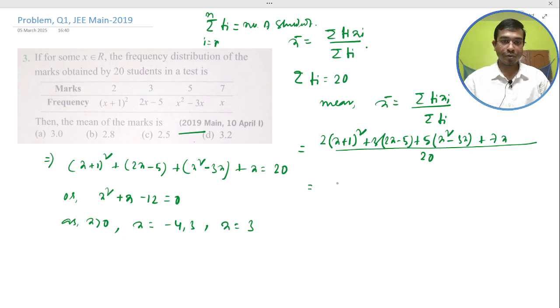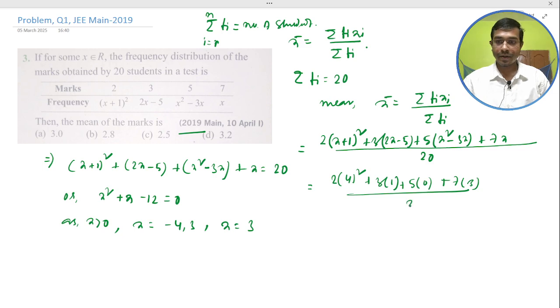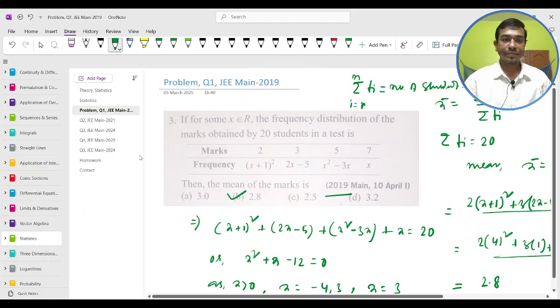Solve it. Put this value at x equal to 3. You would get 2 into 4 square, 3 into 1, 5 into 0, 7 into 3, divided by 20. You would get the value 2.8. Option B would be the correct answer.